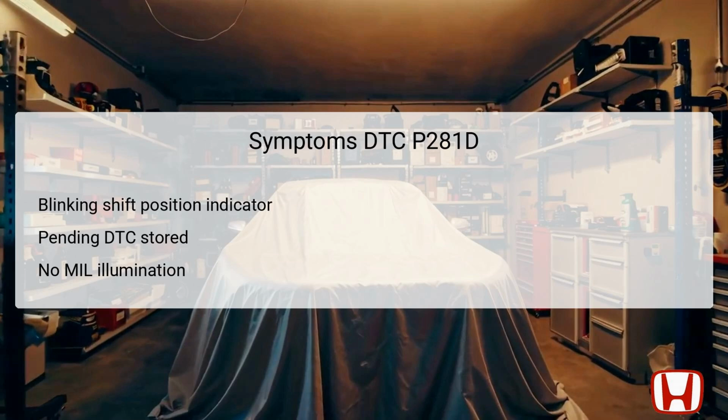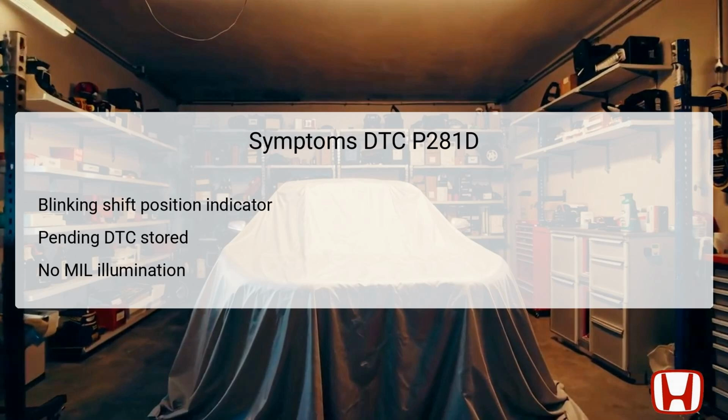When the DTC P281D is activated, specific symptoms manifest that can indicate a problem with the shift solenoid valve OP. One of the first signs is a blinking shift position indicator on the dashboard, which is a clear signal that the TCM has detected a malfunction. Additionally, a pending DTC is stored in the TCM memory, along with a confirmed DTC and potential freeze data for troubleshooting.